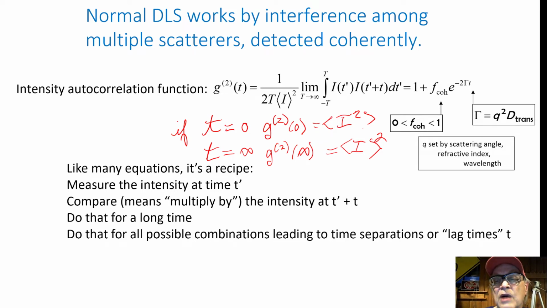Suppose instead of I being the intensity, it was the current through an AC line. Here's current.